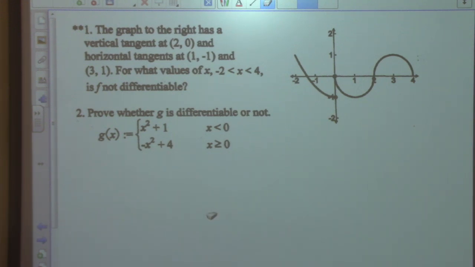Okay, for one, we have the graph at the right that has a vertical tangent and a horizontal tangent, and it asks the question, for what values of x in this interval is f not differentiable?